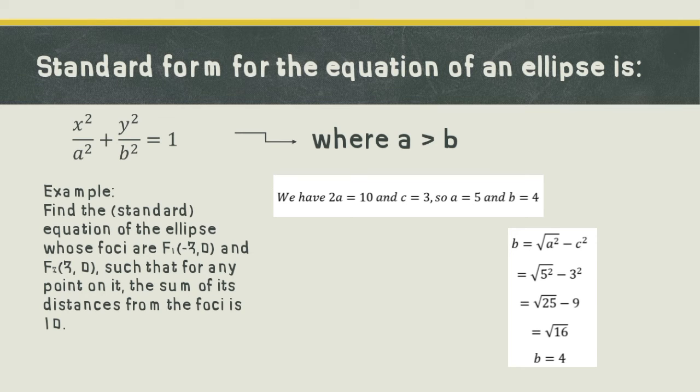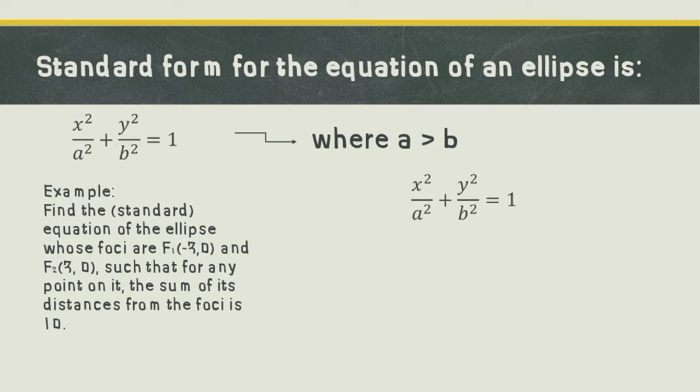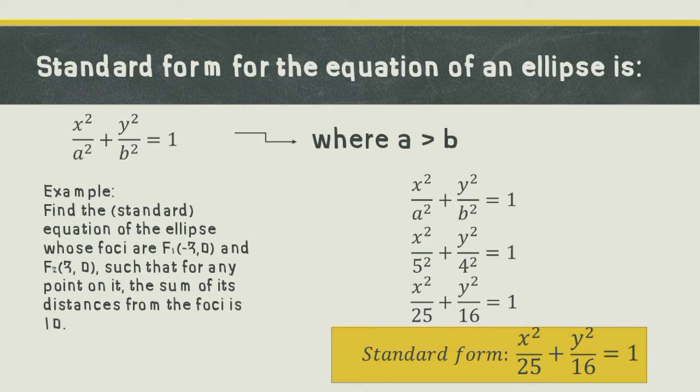Our a is 5 and then our b is 4. Given the standard form, x squared over a squared plus y squared over b squared equals 1. Simply replace a by 5, b by 4, and 5 squared is equals to 25, 4 squared is 16. Therefore, the standard form of this equation is x squared over 25 plus y squared over 16 equals 1.